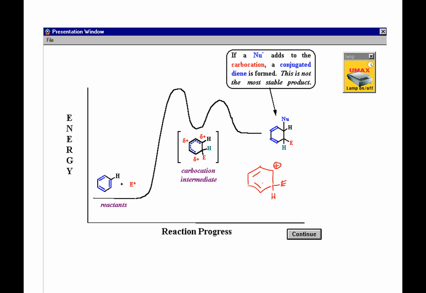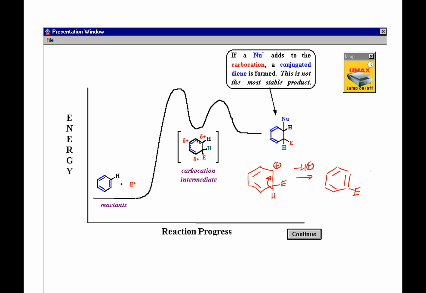So if this was not a benzene ring, we would have to think about, do we get a 1,2, 1,4, or 1,6 product? And we get none of those. Because in order to reform the superstable benzene ring, we're just simply going to lose this hydrogen and then reform the conjugated benzene ring system.